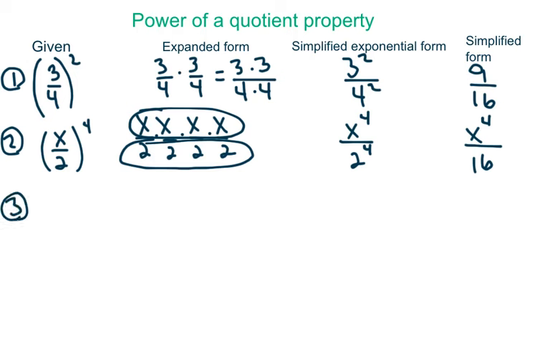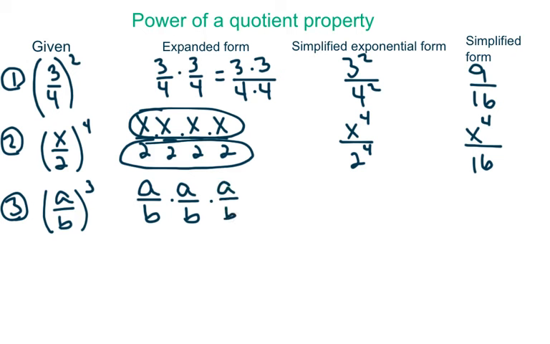A third example is a over b raised to the 3rd power. So the expanded form would be a over b times a over b times a over b. In the simplified exponential form, a times a times a is a to the 3rd.